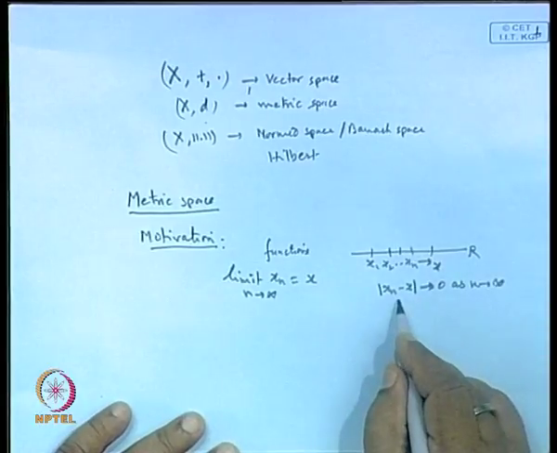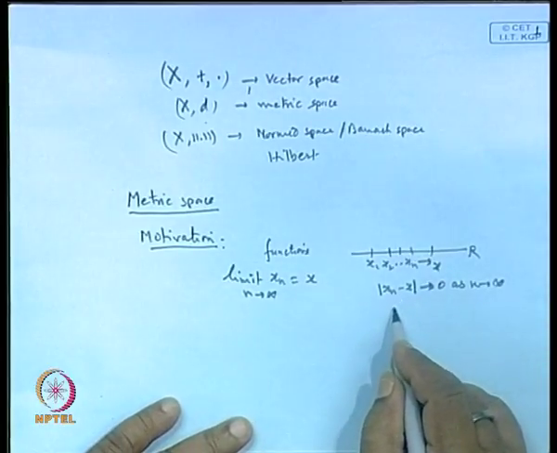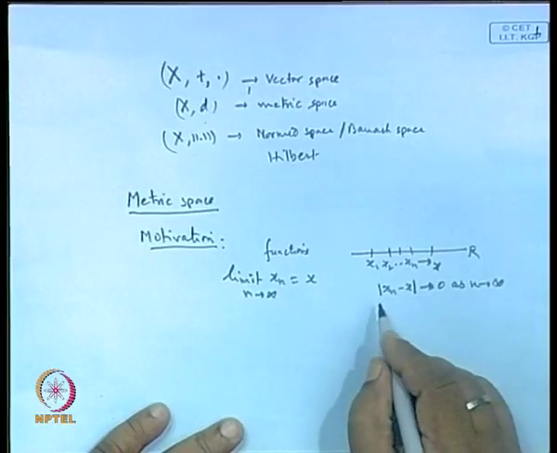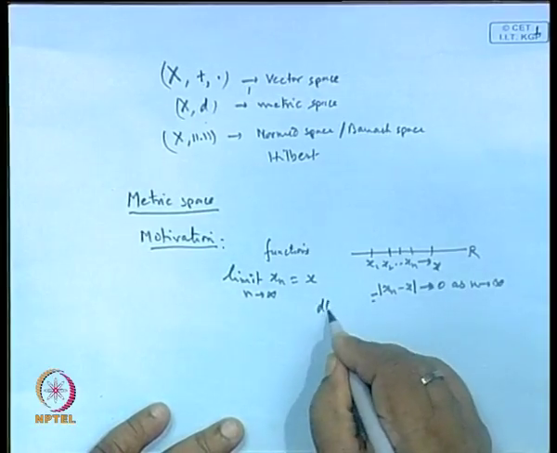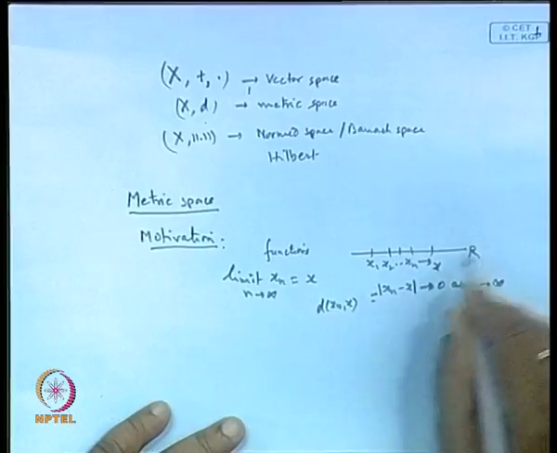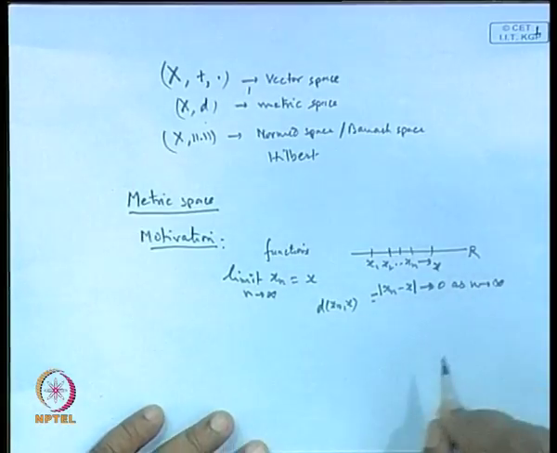Now, this absolute difference between two points is nothing but the usual notion of distance over the real line.